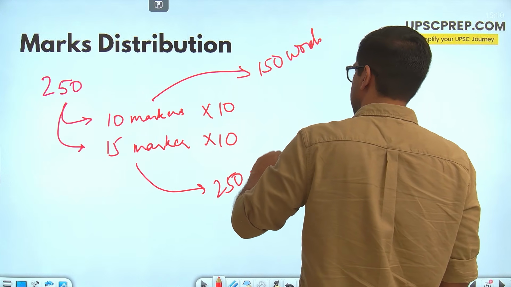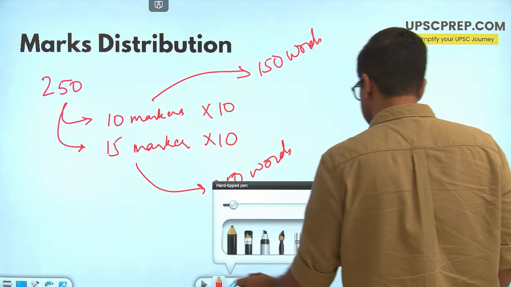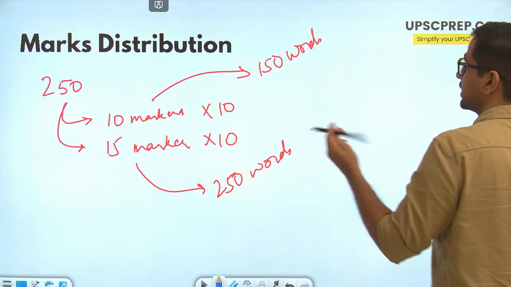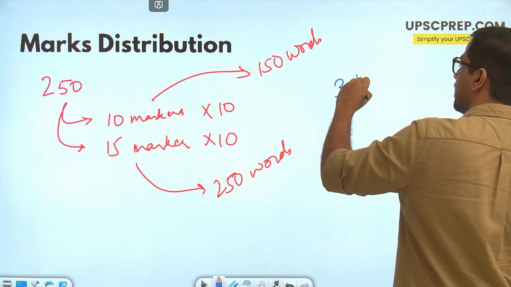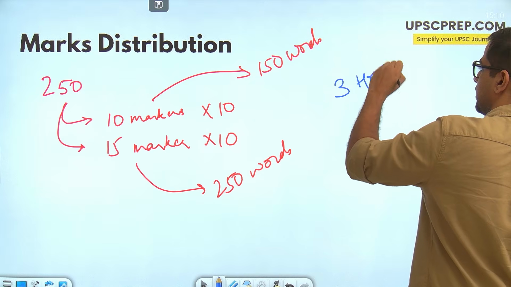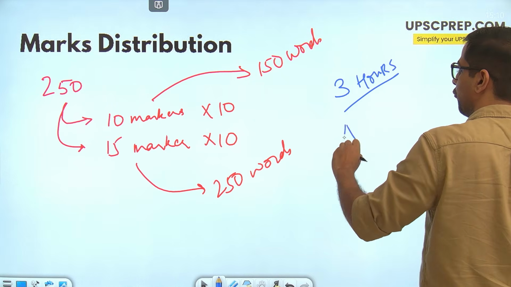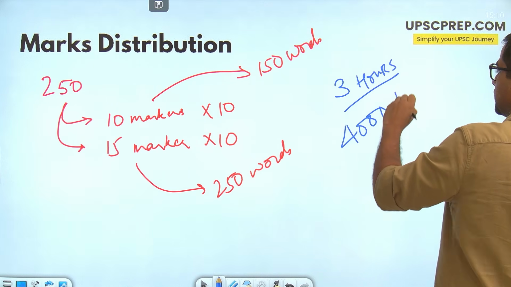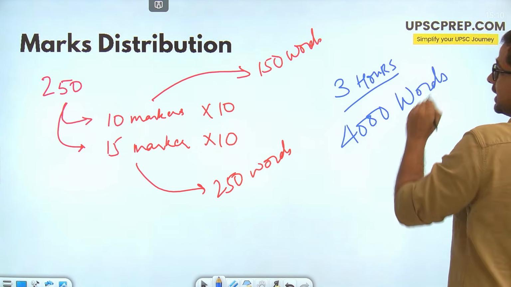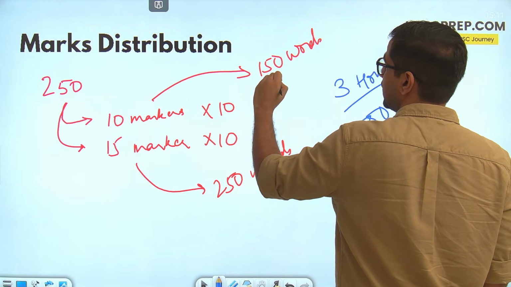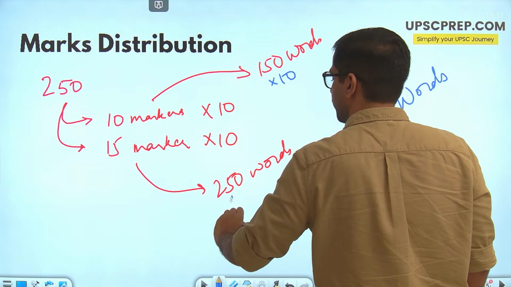So overall, अगर देखा जाए, आपसे expectation है that when you are giving mains, so in 3 hours, you are writing almost 4,000 words. 4,000 यहाँ पे कैसे आया? Very simply, 150 into 10 and 250 into 10.